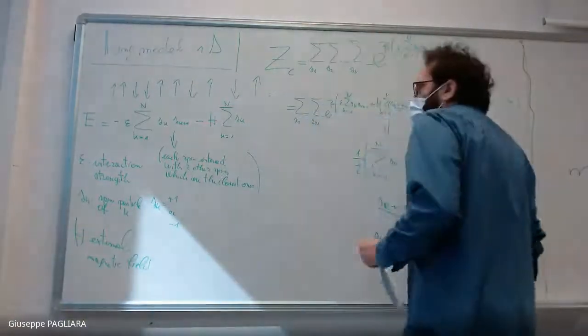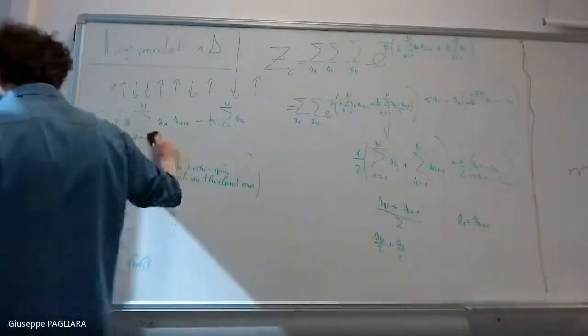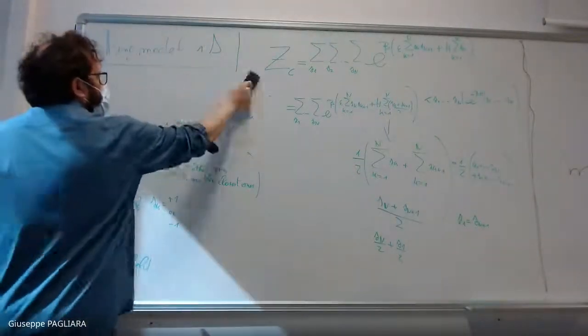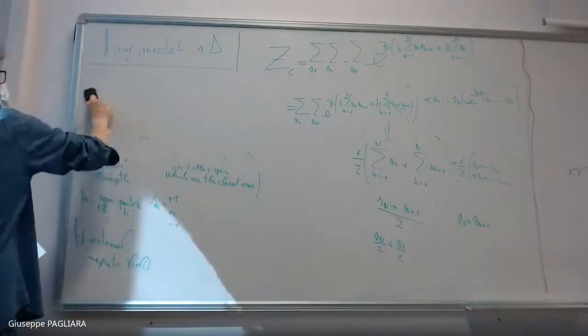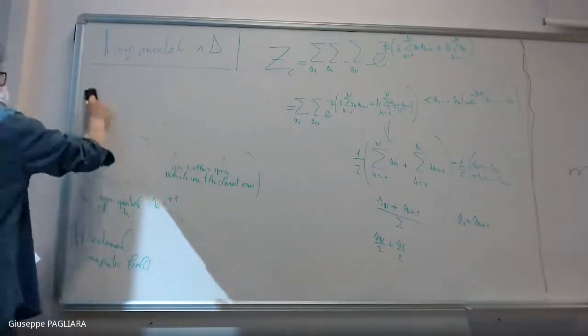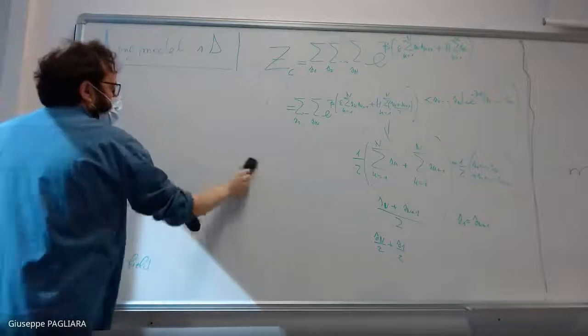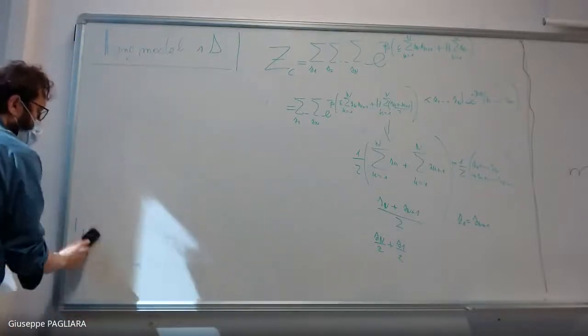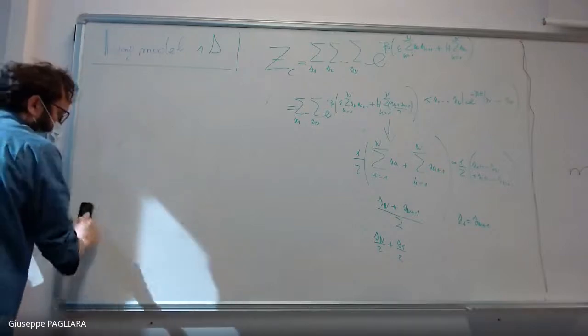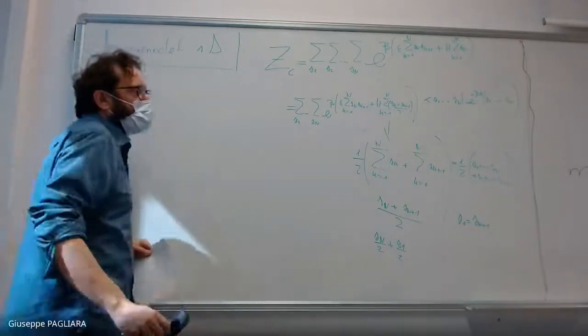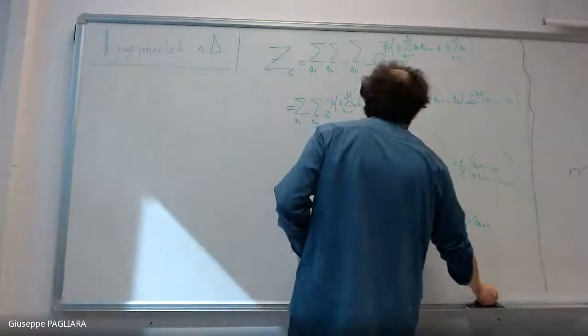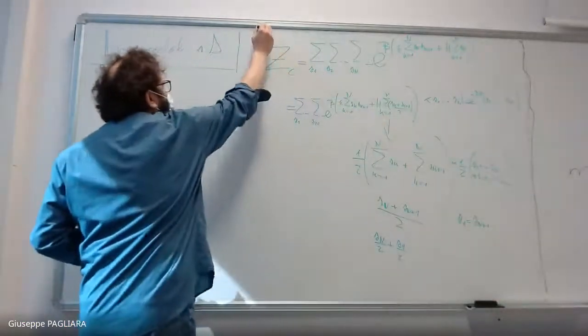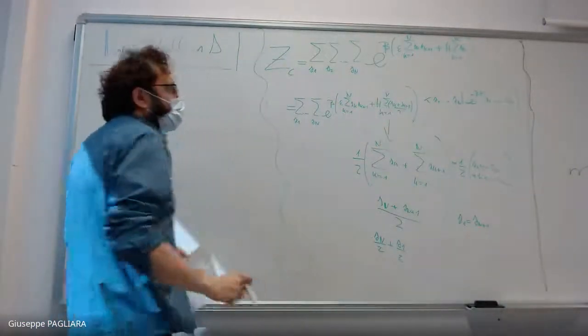Now, we can actually compute, and this is interesting, without any assumption, the partition function associated with this system, at least in 1 dimension. In 2 dimensions, one can also do it, but it's much more complicated.